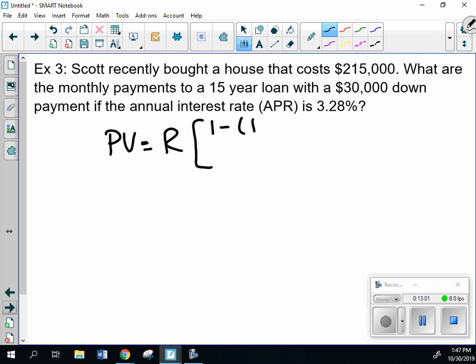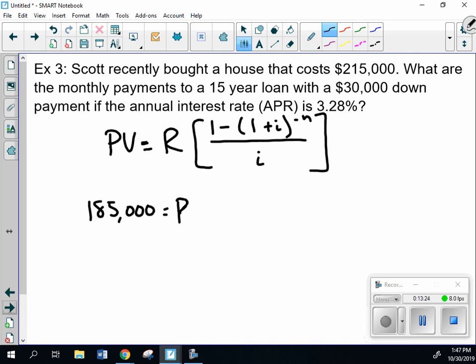But the R is what we're trying to figure out because that's the monthly payment. So a little bit different to the other one, because we're trying to find something else. So if it's $215,000, we're taking away $30,000. So this is actually $185,000, and we're trying to find that R value.